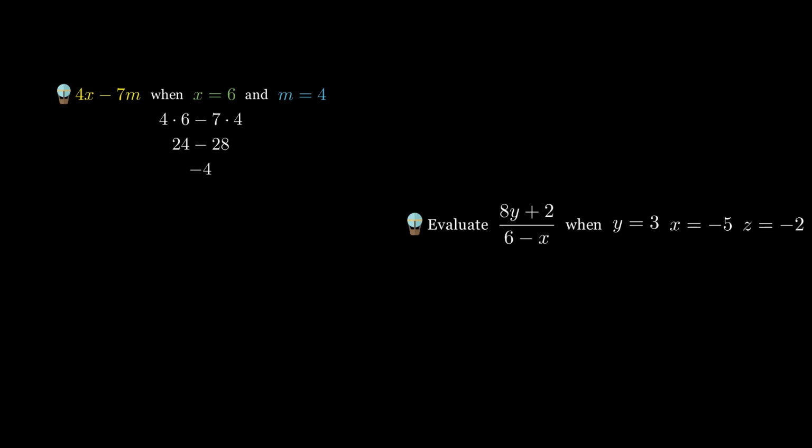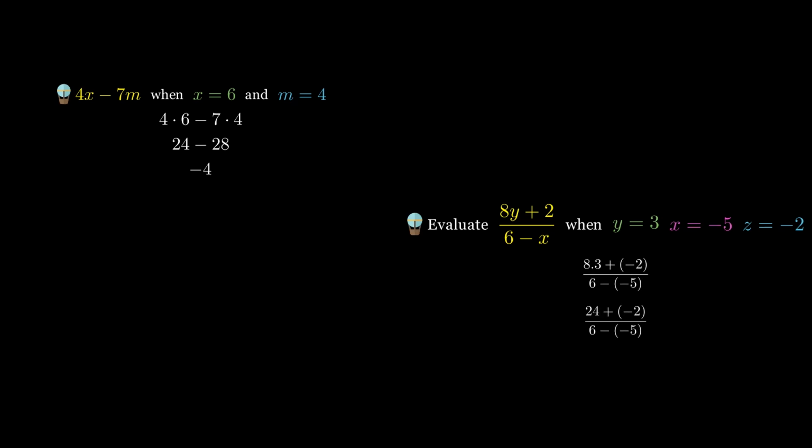So here we have the expression where y is equal to 3, z is equal to negative 2 and x is equal to negative 5. We substitute the values of x, y and z into the expression and find its value. So let's do it. After substituting these values, the expression becomes 8 times 3 plus negative 2 divided by 6 minus negative 5.